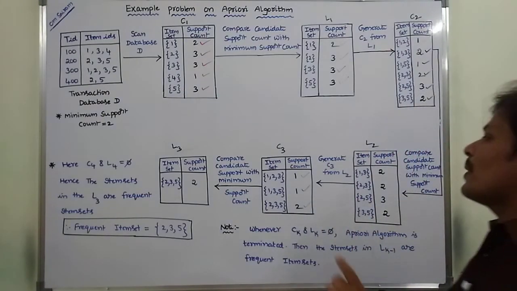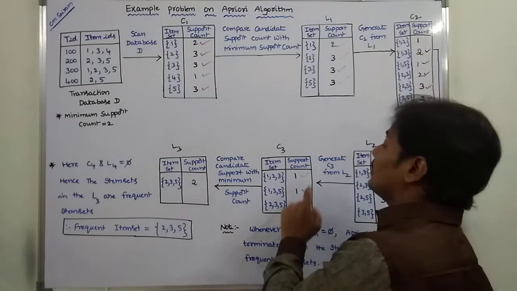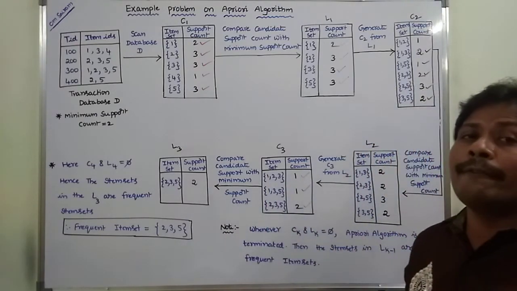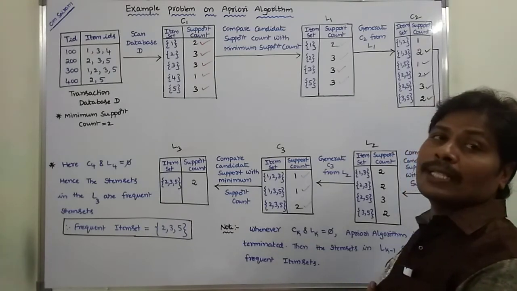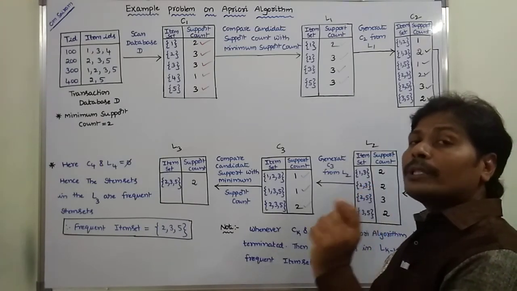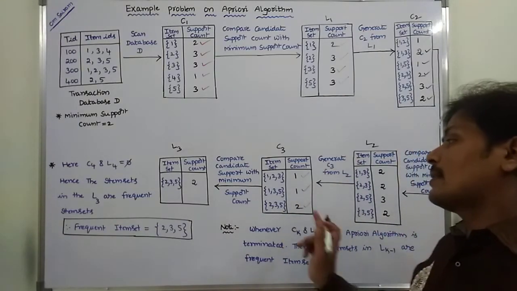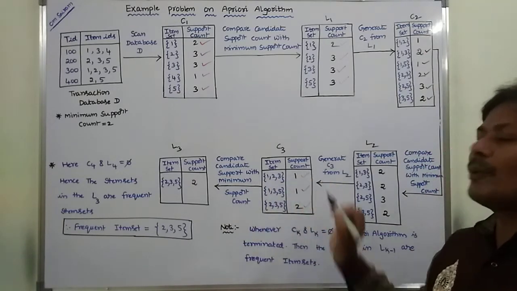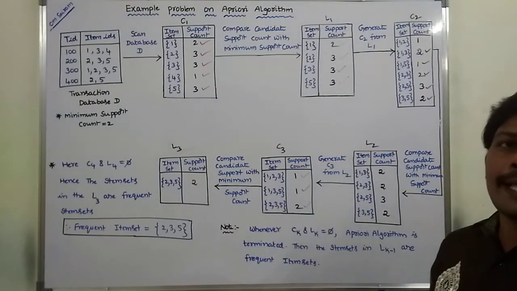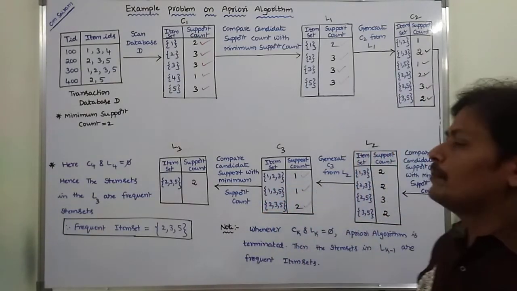Once we have the candidate item set C3 with support counts, compare them with the minimum support count. Candidate item sets whose support count is greater than or equal to 2 can exist in L3. The item set 1, 2, 3 has support count 1, which is less than 2, so it is pruned from L3.